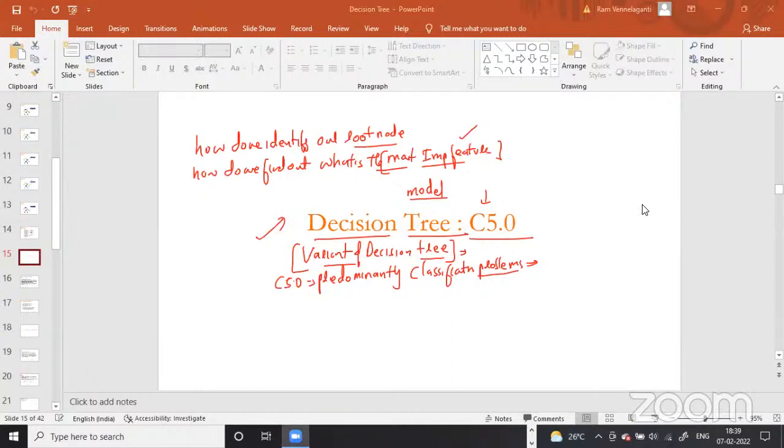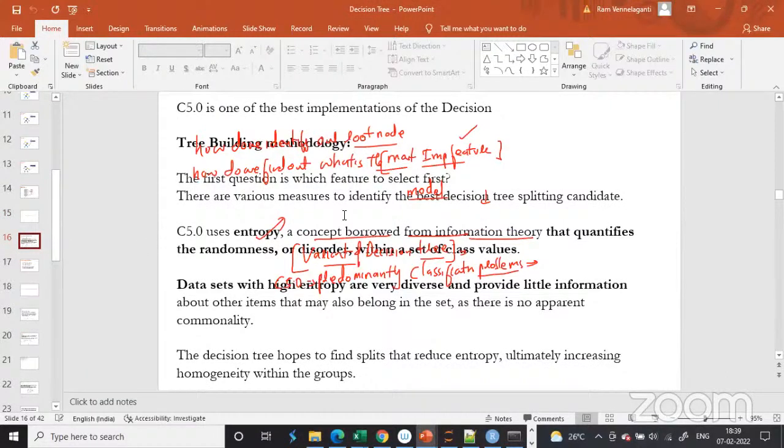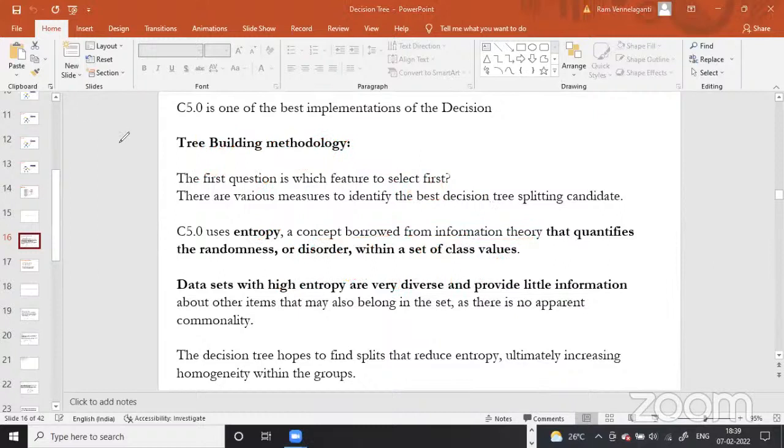Let us see how the C5.0 algorithm is going to find out the most important feature. So the first question is: which feature to select? What is the most important feature for constructing our decision tree?